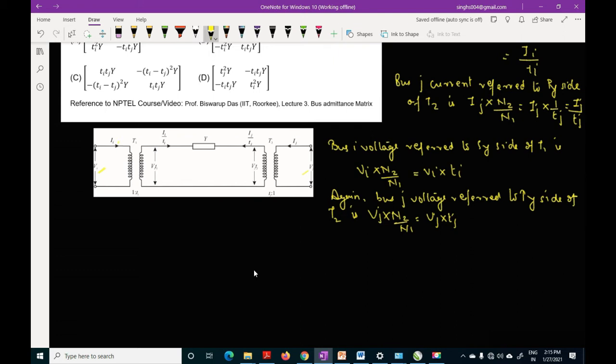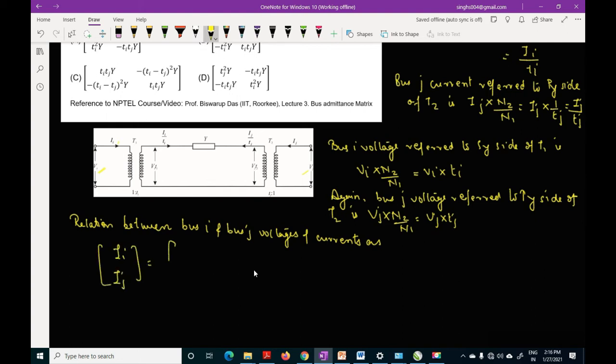So we can write down the relation between bus I and bus J voltages and currents as Ii, Ij equals Y11, Y12, Y21, Y22 times Vi, Vj.